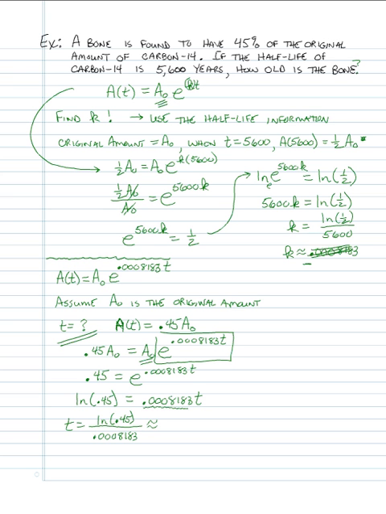I should have caught this earlier. Negative 0.0001, and remember I'm doing this to significant digits, 238.